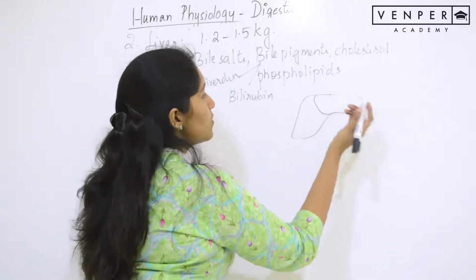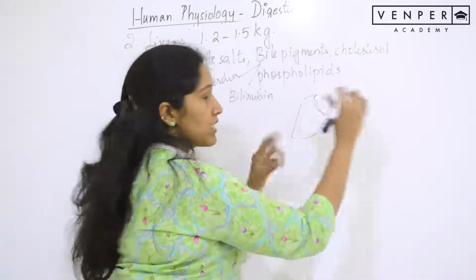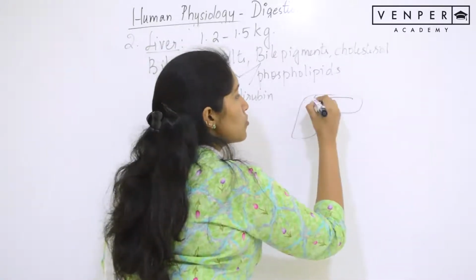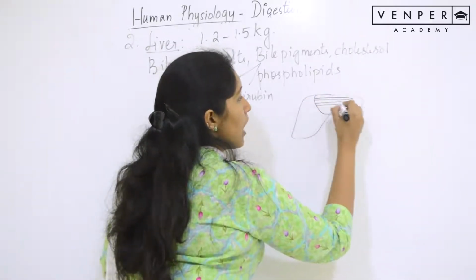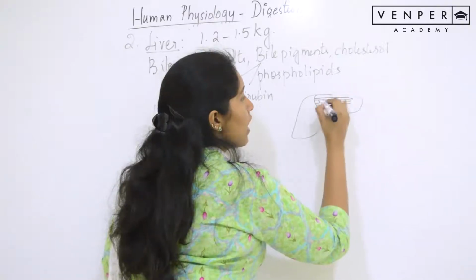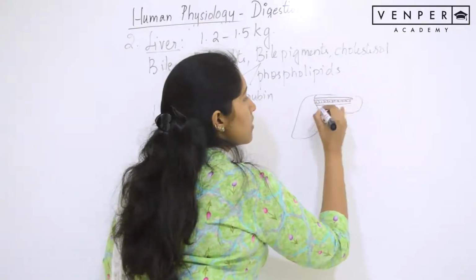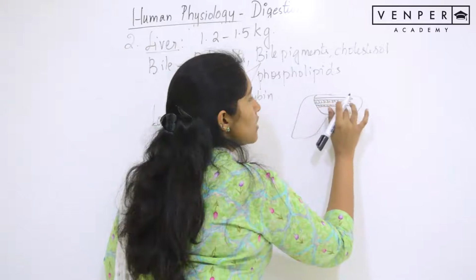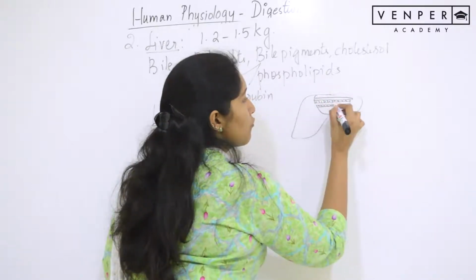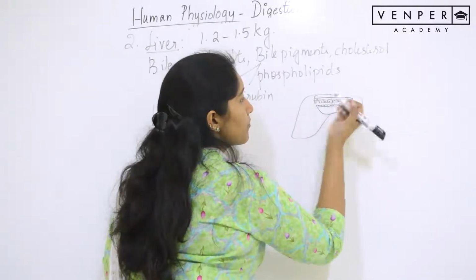The arrangement of the cells is in the form of lobules, because you see it like this kind of. And all the hepatic cells are arranged like this. So this is the area through which the bile actually flows, this region.